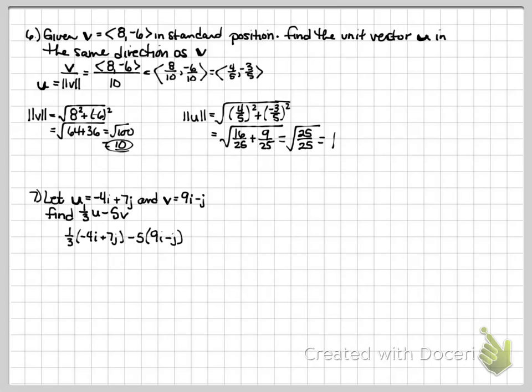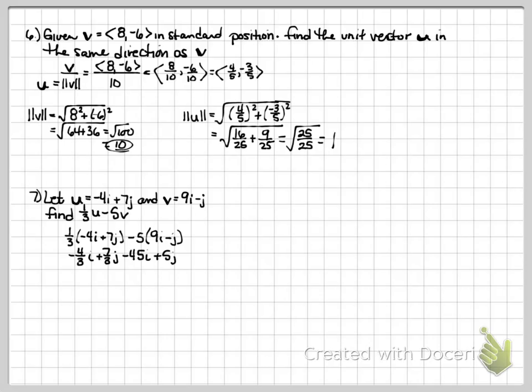Distribute: negative 4/3 i plus 7/3 j. Do the negative 5 over. Negative 5 times 9 is negative 45i. Negative 5 times negative j is going to be positive 5j.